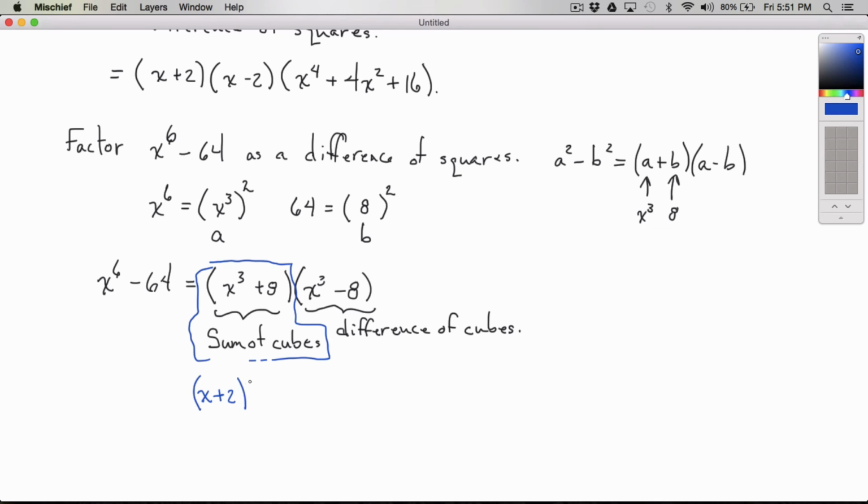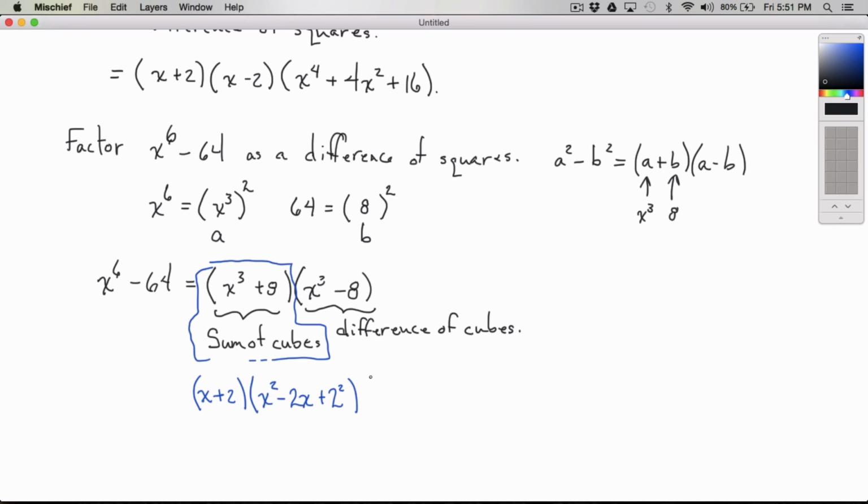Remember, I use the same sign. Then I take the a value, and I square it, minus 2x plus 2 squared.